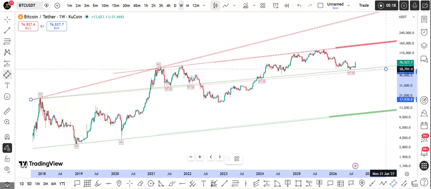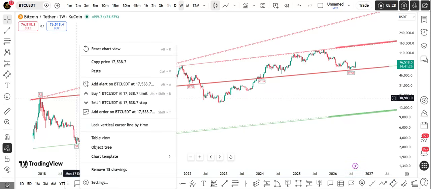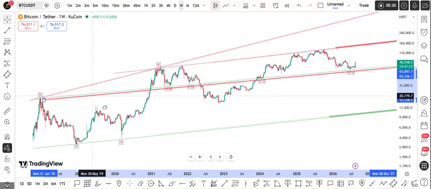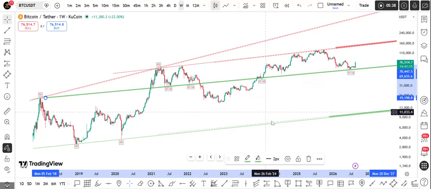Break and close of this zone opens a path for sell continuation.